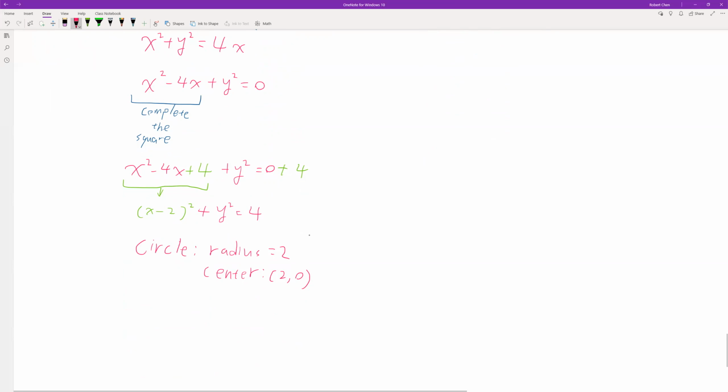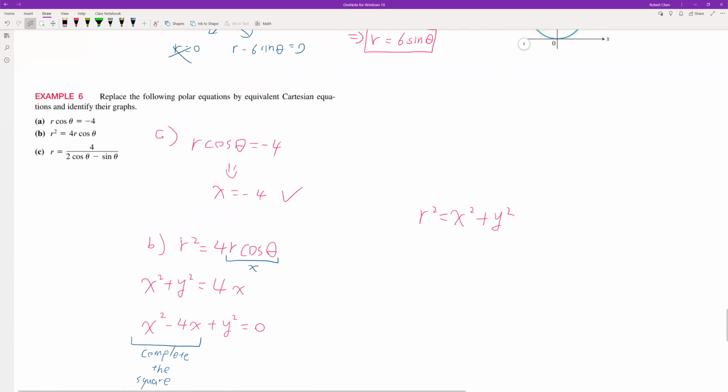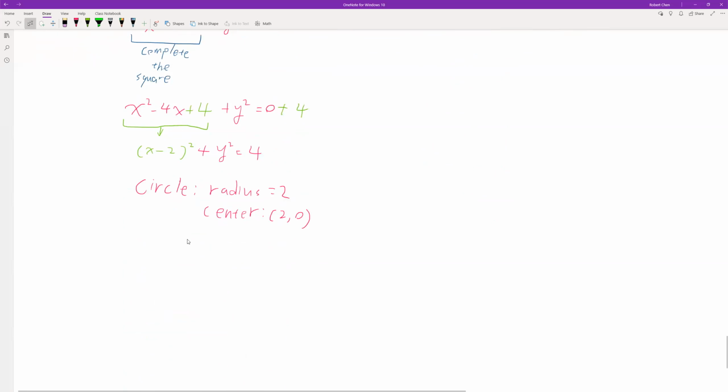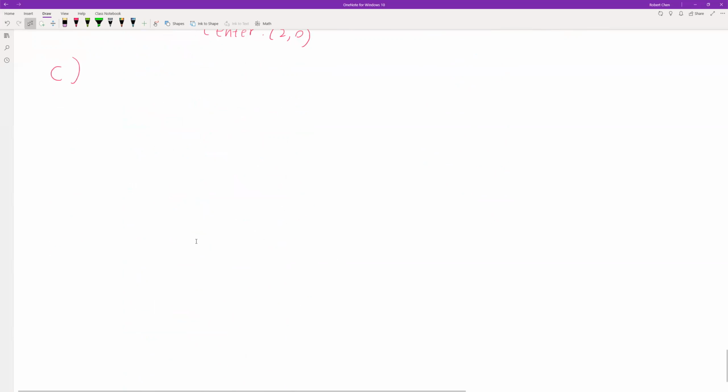Okay, let's look at part C. Let me copy it down here. Part C is r equals 4 over 2 cosine theta minus sine theta. All right, so we have r on the left, and then in the denominator we just have cosine and sine.